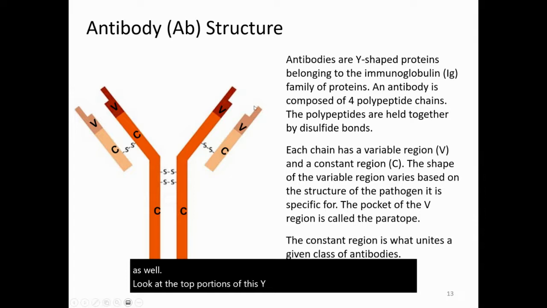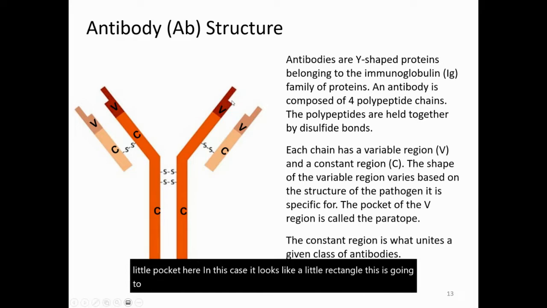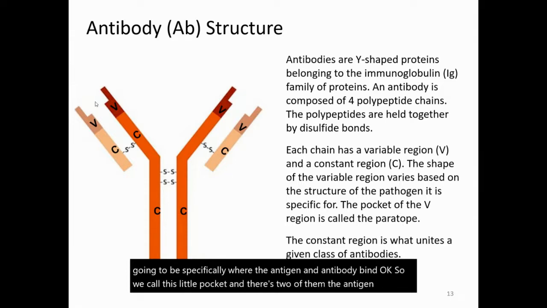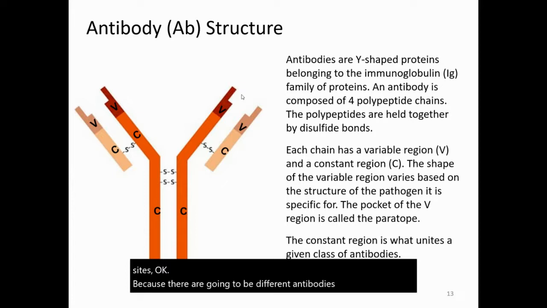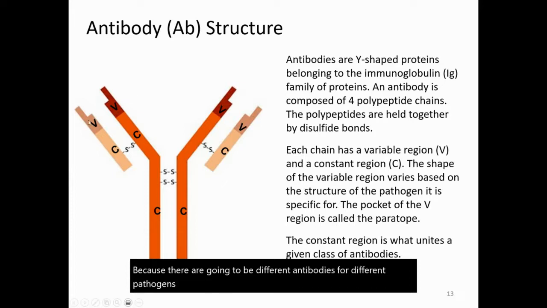Now, look at the top portions of this Y structure. You'll notice there's this little pocket here. In this case, it looks like a little rectangle. This is going to be specifically where the antigen and antibody bind. Okay, so we call this little pocket, and there's 2 of them, the antigen binding sites. Okay, and because there are going to be different antibodies for different pathogens, we refer to this region as the variable region.